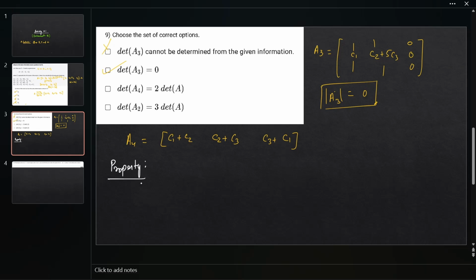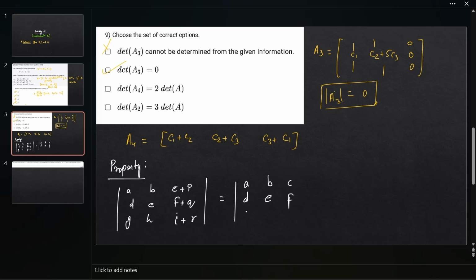The property is, let's suppose I have to find the determinant of this matrix where I have A, B, C plus P, D, E, F plus Q, and G, H, I plus R. The determinant can be split into the sum of two determinants given by A, B, C, D, E, F, and G, H, I, plus A, B, P. The first two columns will remain unchanged, whereas we are splitting from the third column itself.